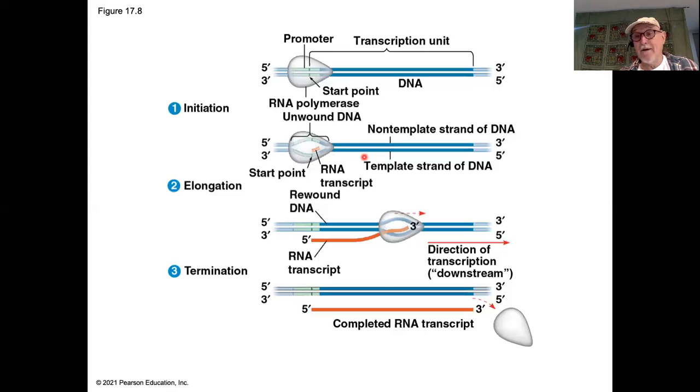Remember what I told you: for another gene, it may be quite different. For another gene, it may be this strand that is the template. But in that case, it would have to run in that direction, which it can do. That's common all over the cell. We have genes that are in opposite directions like that.